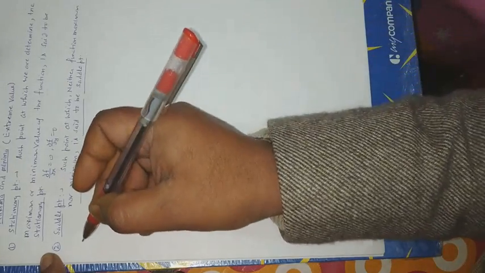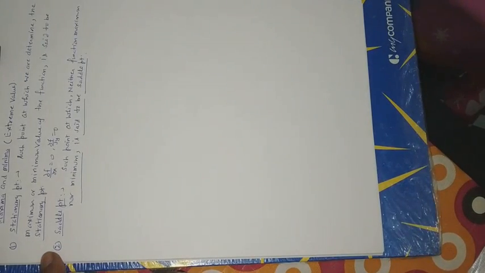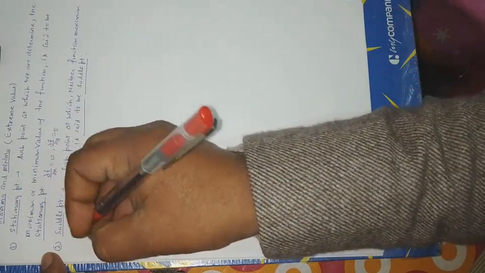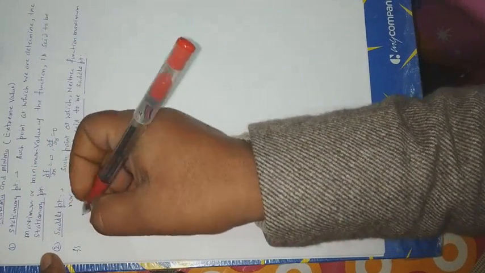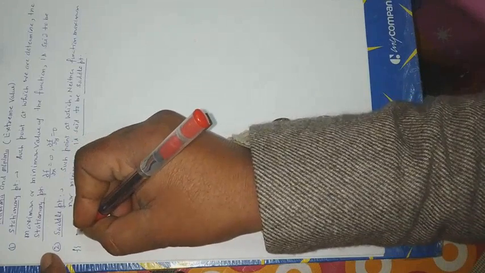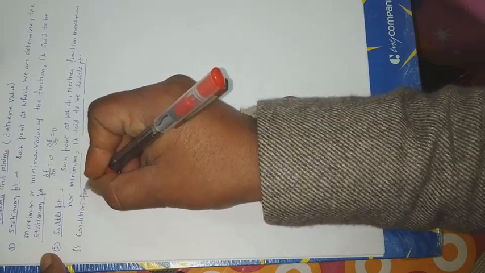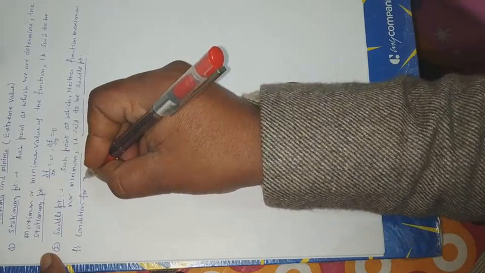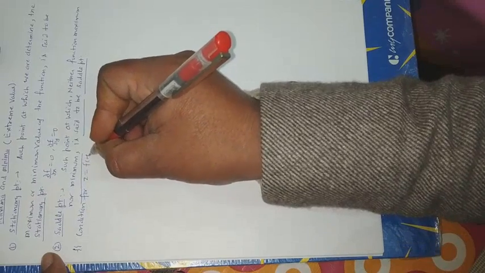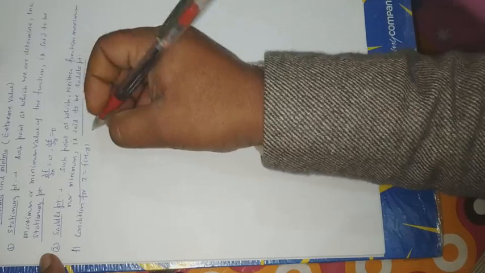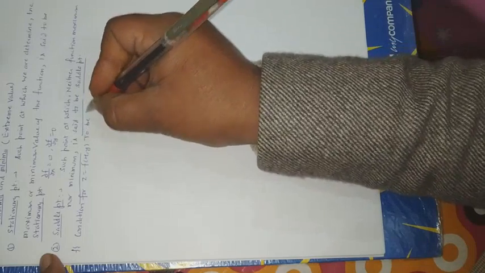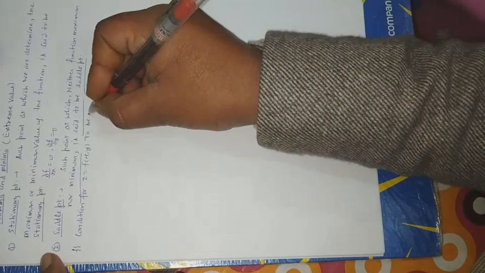Now what is the criteria that the function will be maximum or minimum? Now some conditions are here. Condition for z equal to f(x,y) to be maximum or minimum.